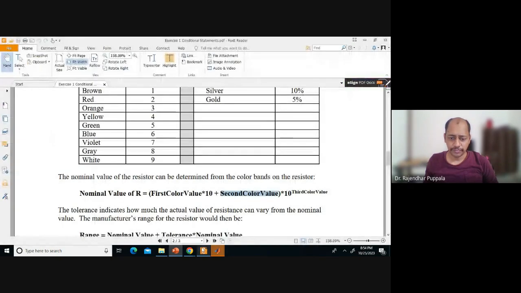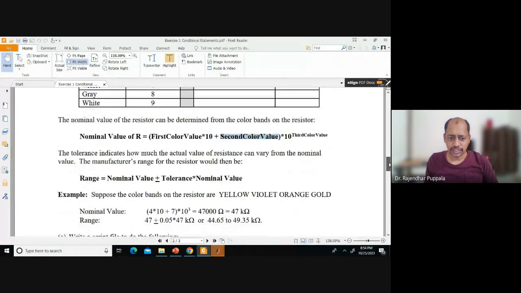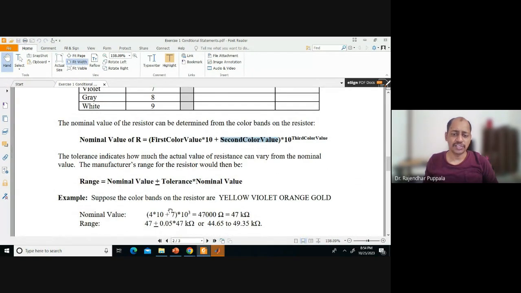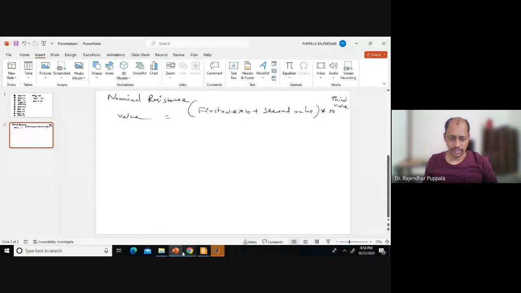After that, this is the formula to find the range of that resistance. So range is equal to nominal resistance value plus or minus fourth color.